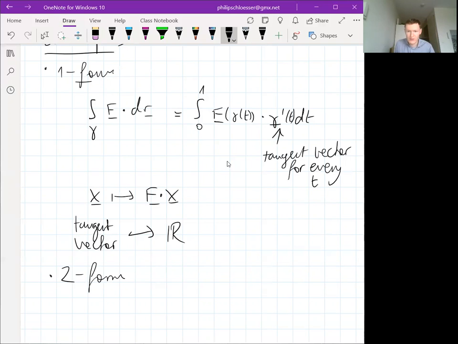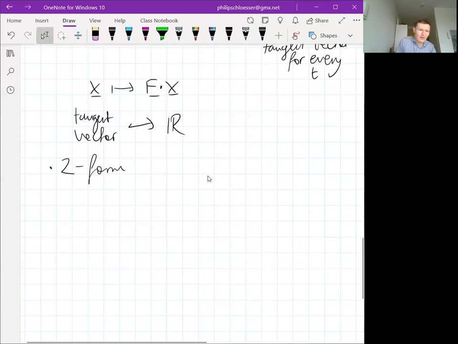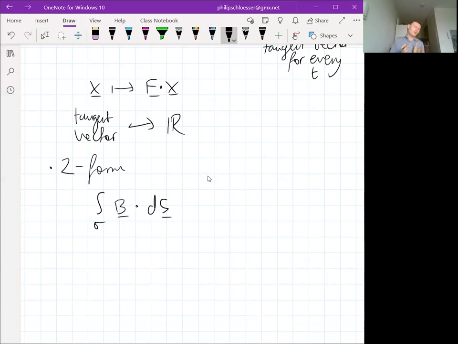And for two forms, I guess we can just keep on spinning this thing. So we are keeping in line with electromagnetism. Let's now say we have a surface integral of, in this case, magnetic flux density along some surface sigma, where I just say that sigma is a map from some square to our surface.